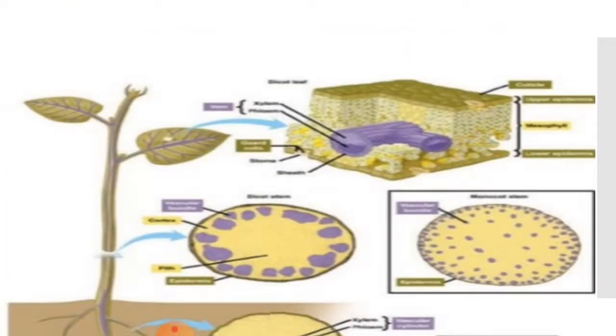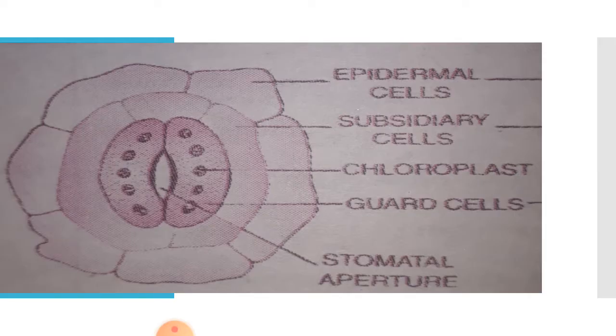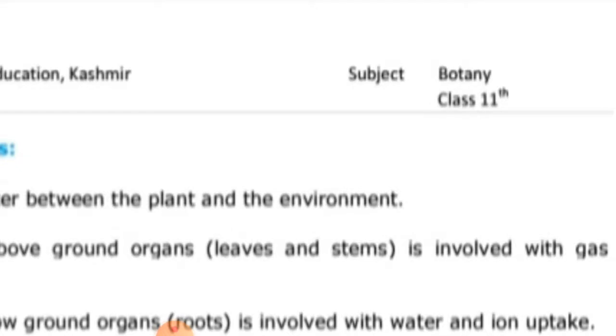So far as the function of these epidermal cells, they provide a medium for the exchange of material between the plant and the environment. The epidermis of above ground organs, leaves and stems, is involved in gas exchange.